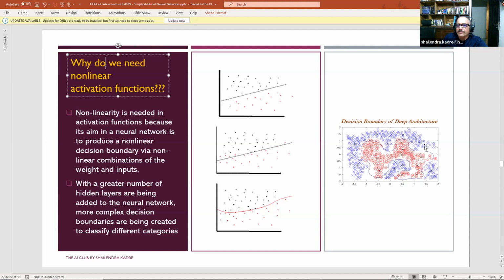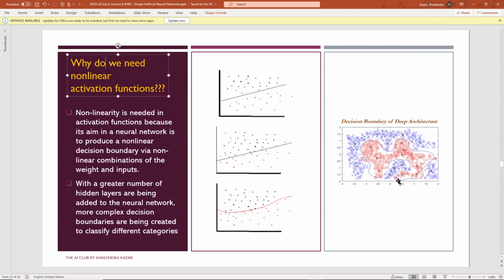So we have this kind of decision boundary sometimes. There are two classes here, one red and one blue. They can be separated, but not by a straight line or any simple curve. To separate them, we have to make a complex closed-form curve.